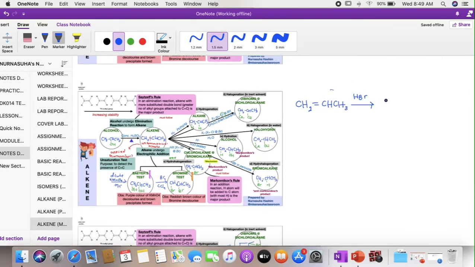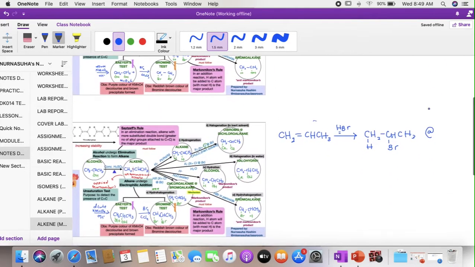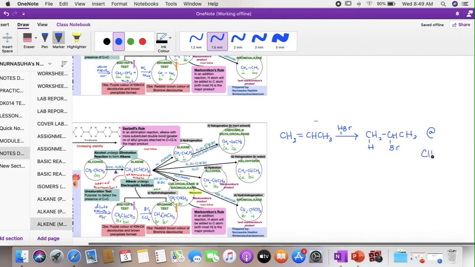So, our product must follow Markovnikov, where hydrogen from HBr would go to carbon with more hydrogen. So Br akan pergi dekat carbon tengah. So this is our product, ataupun lukis cantik sikit produk dia ni, CH3 CH Br attached to it and also CH3.